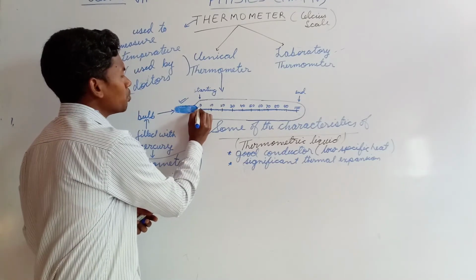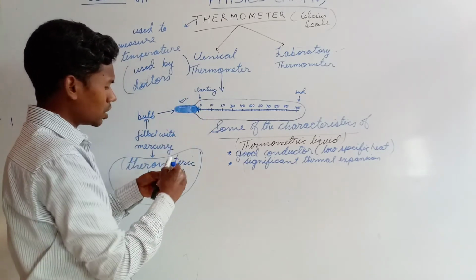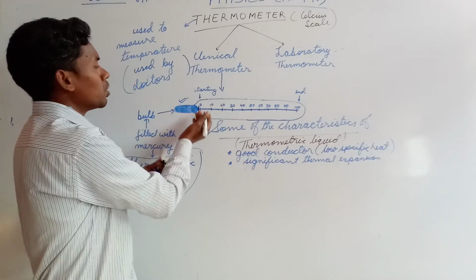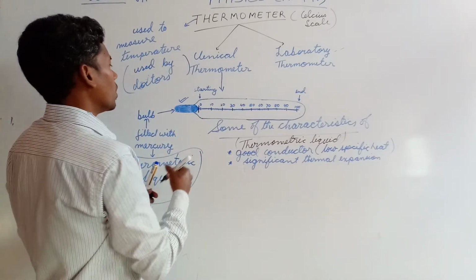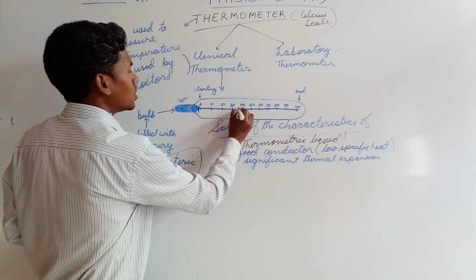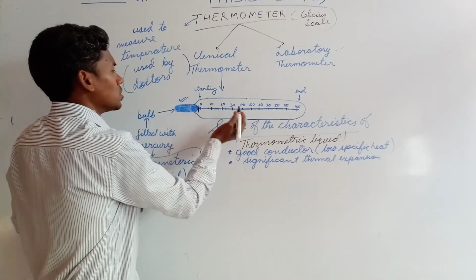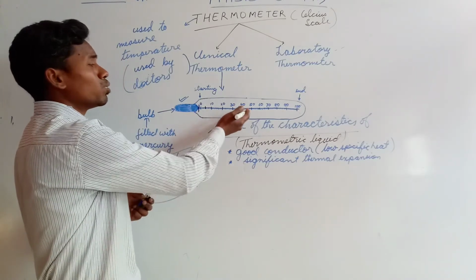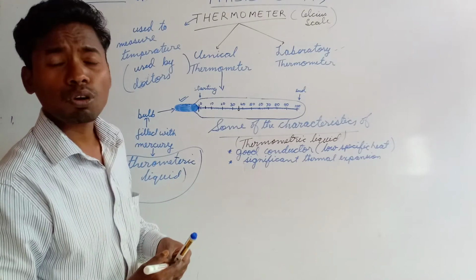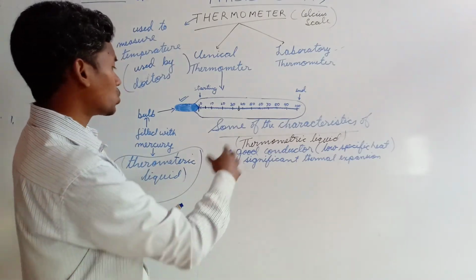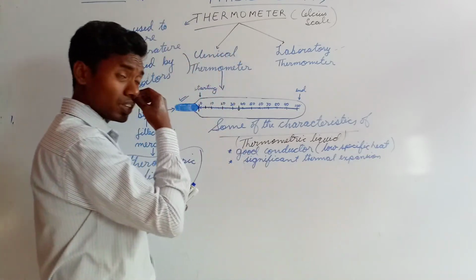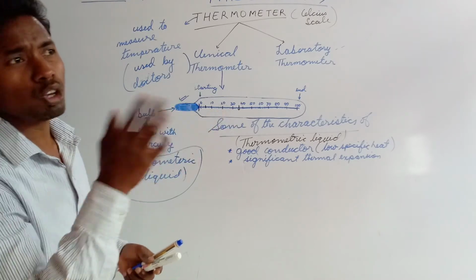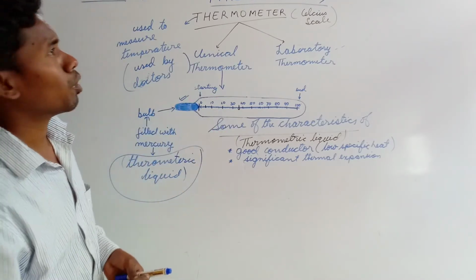It may remain at this position only. If our body temperature is 37 degrees centigrade here and it does not expand properly, maybe the thermometric liquid may reach here only. How are we going to get this reading? We won't be getting the correct reading. Are you getting that? So significant thermal expansion of the liquid is very, very necessary. Otherwise, we won't be able to observe the temperature properly.